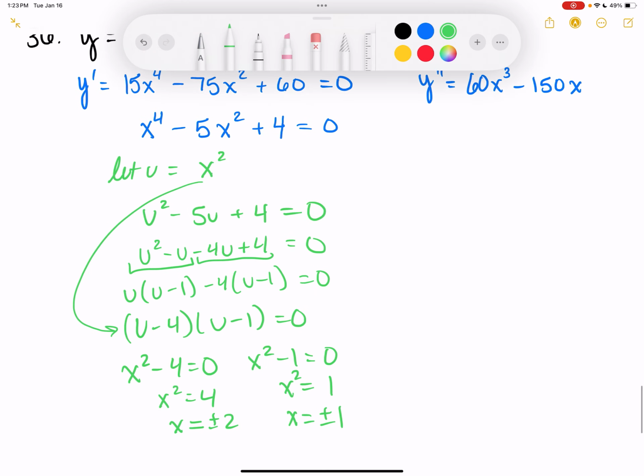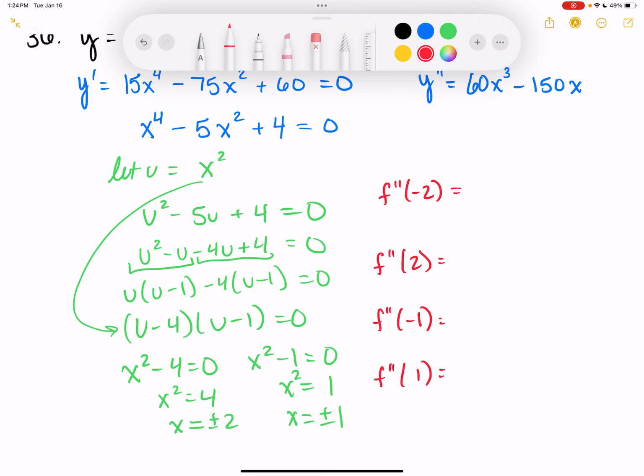We're going to plug the numbers in and see if it ends up being positive or negative: f double prime of -2, f double prime of 2, f double prime of -1, and f double prime of 1. All I really care about is whether it's positive or negative.